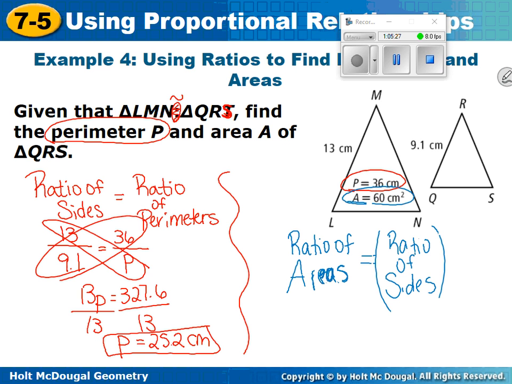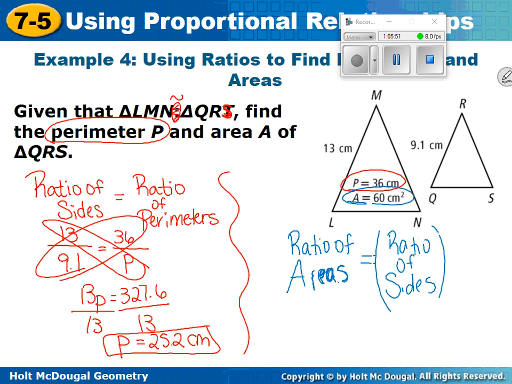Equals, and then instead of just putting the ratio of the sides, we're going to square those when we write those down. So instead of it being 13 over 9.1, it's going to be 13 squared over 9.1 squared.